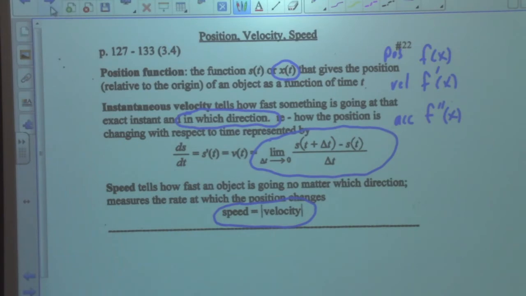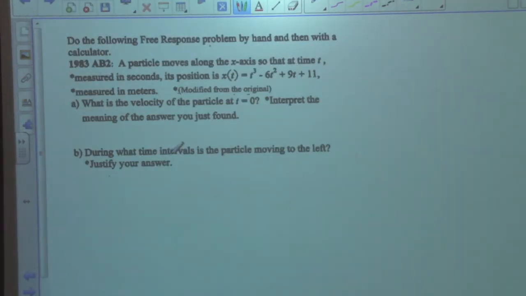Let's go on to one where we're actually working out a problem. I'm going to go through an analysis of this free response problem, and this is from an actual AP test. It's called a particle motion problem.